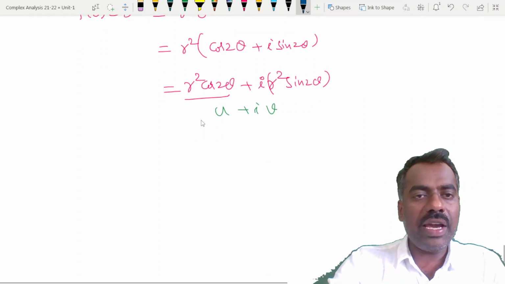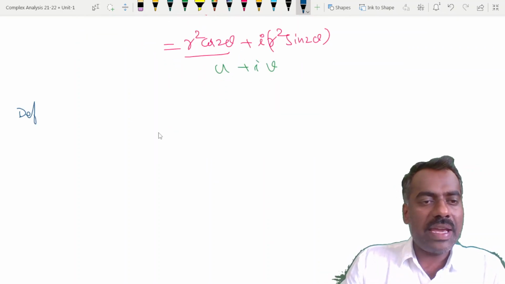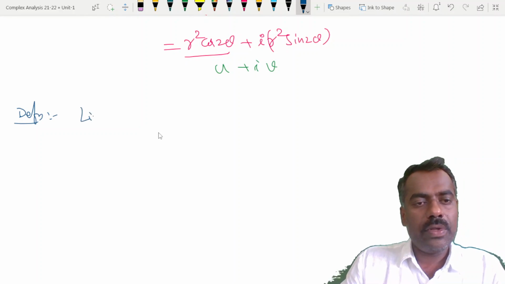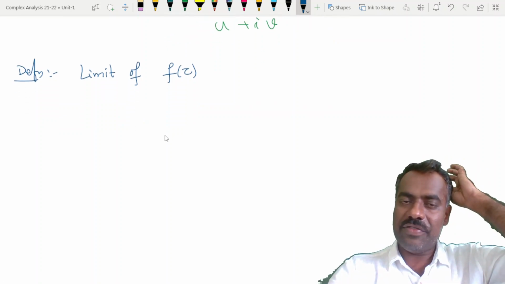Now once we have this function, then we can define what is meant by a limit. So I will define this.